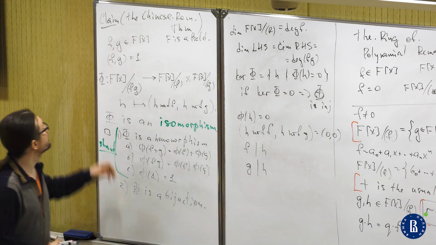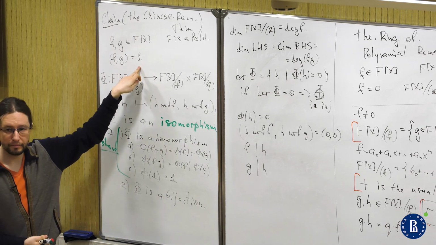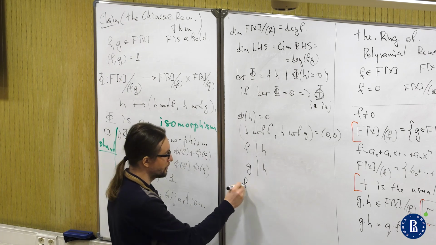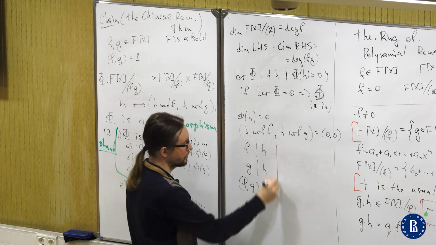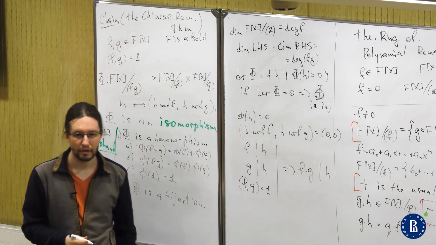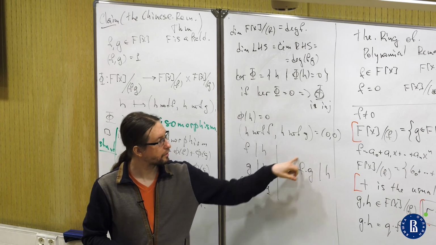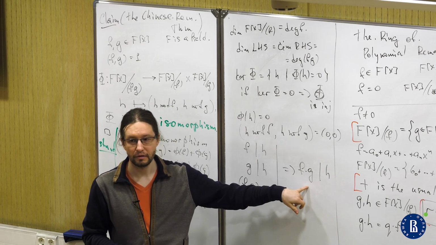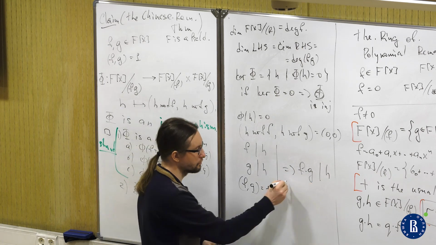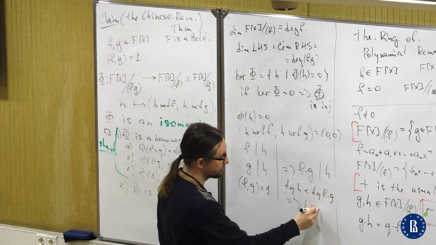But now, if f divides h and g divides h, and they are coprime, then their product must divide h. But since h has degree strictly smaller than the degree of f times g, the only option is h to be 0. So h must be 0.